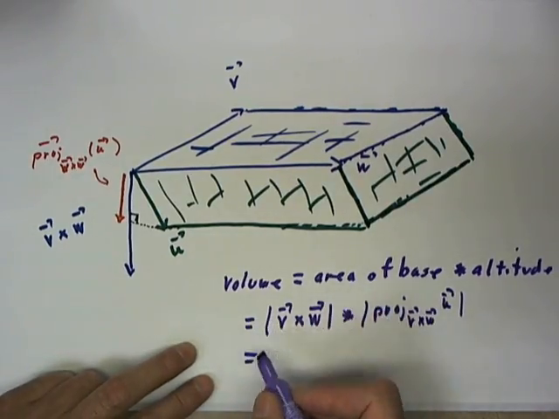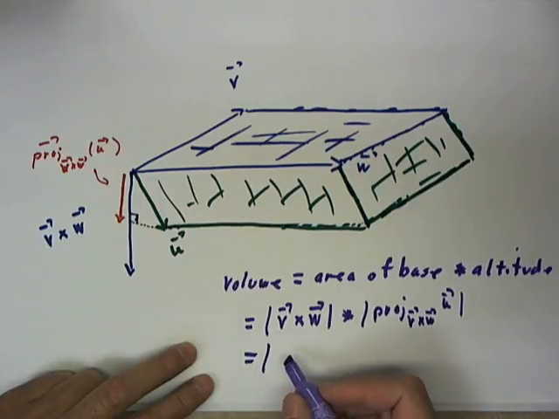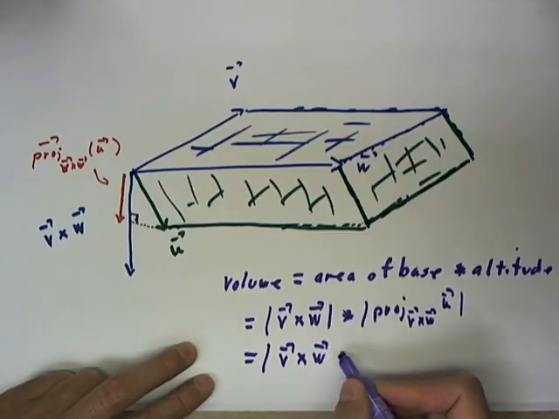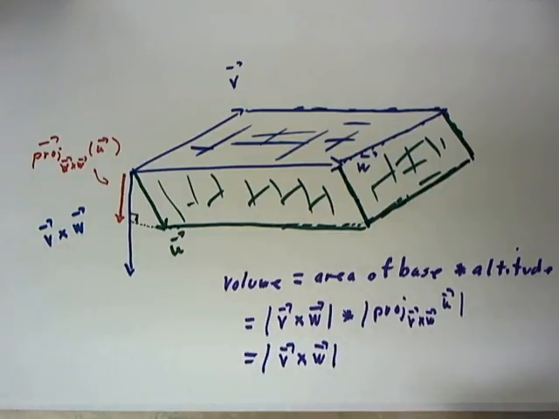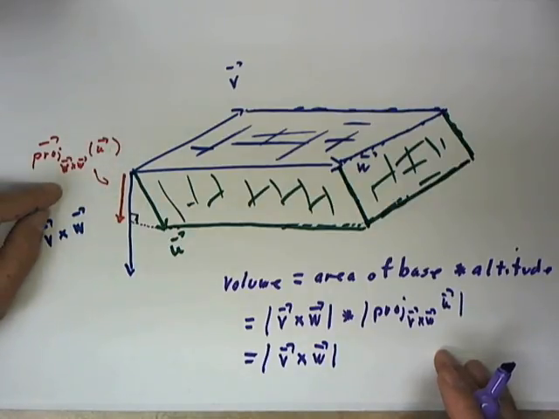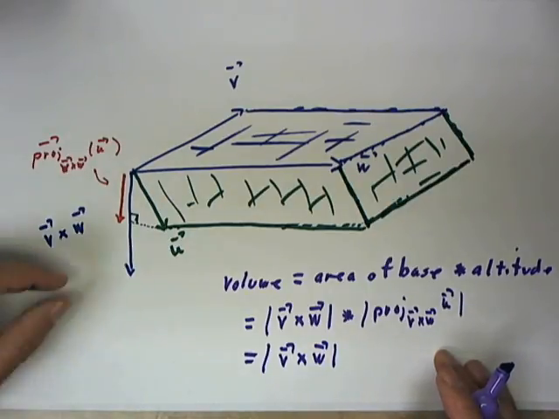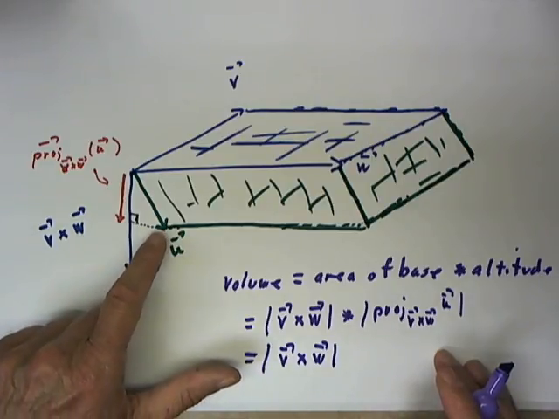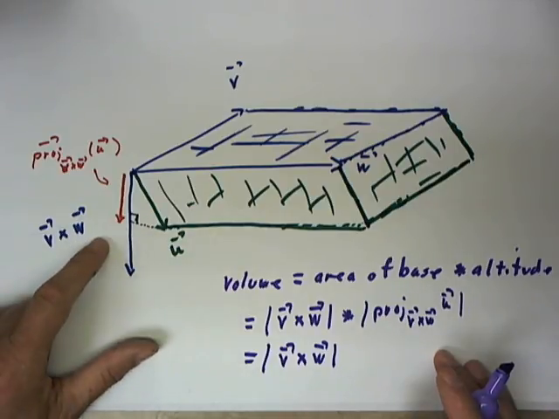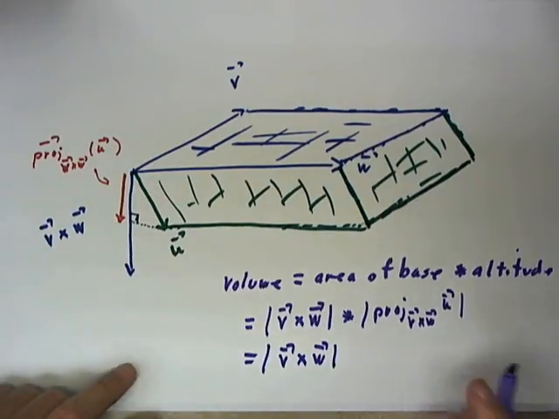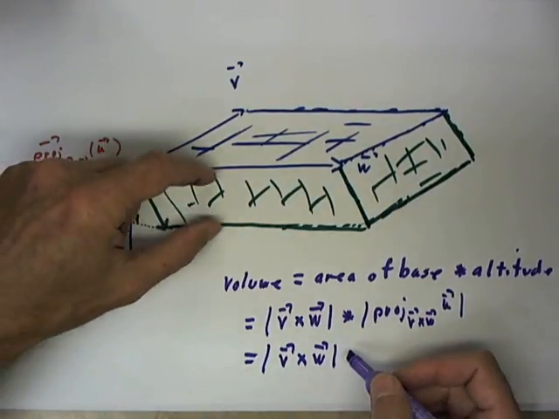This, in turn, has a magnitude that's equal to the magnitude of V cross W, and I shouldn't have put the absolute value signs around that. We're looking at how do we calculate the projection onto V cross W of the vector U. Well, we project U onto V cross W by doing the dot product of U with V cross W, dividing by the magnitude of V cross W, and that's going to be the altitude of our figure.